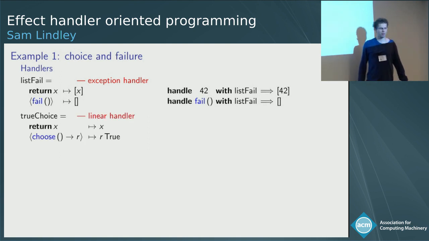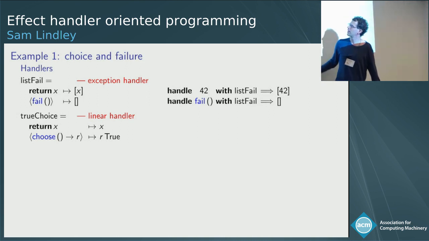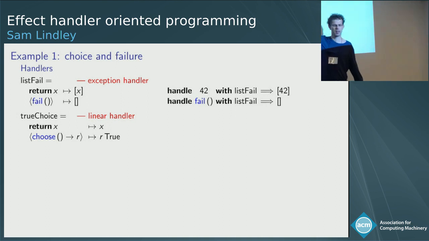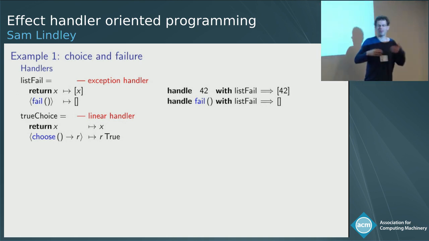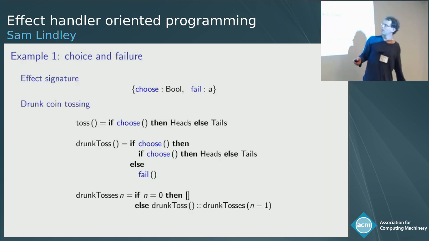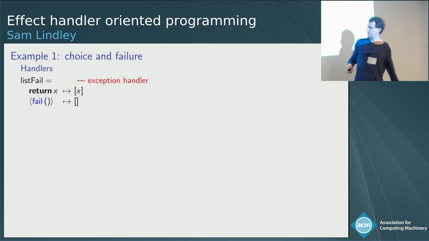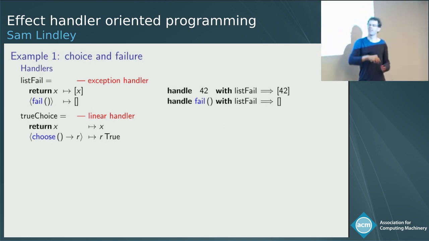So that's a standard thing. But then here's where the new feature that effect handlers introduce comes in. For the choose effect, we get an extra parameter which is called a resumption, and this represents the rest of the program. And choose, if you recall, returns a Boolean. So the resumption is expecting a Boolean.